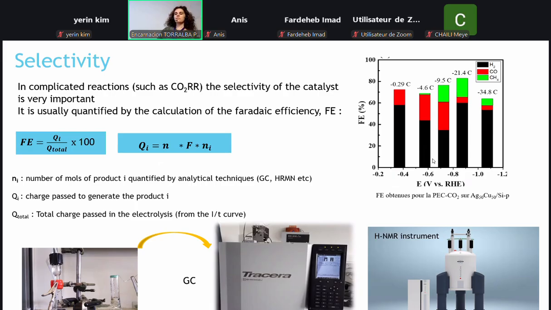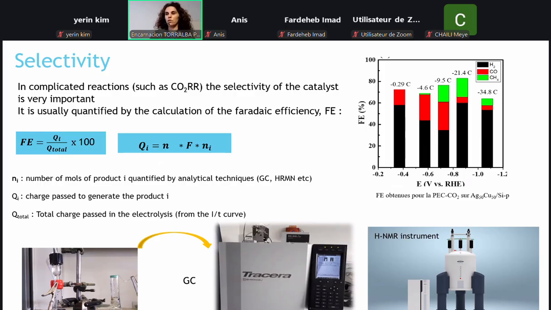So, the selectivity of a catalyst is that my catalyst can produce a lot of current, but I don't care if I do not have the product that I want.